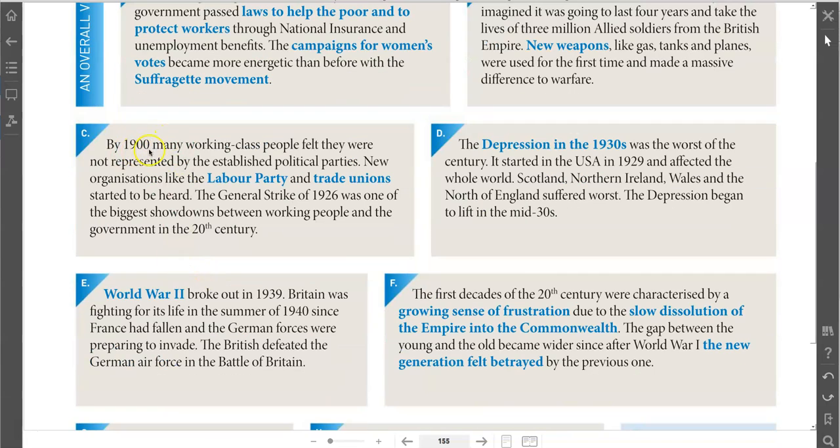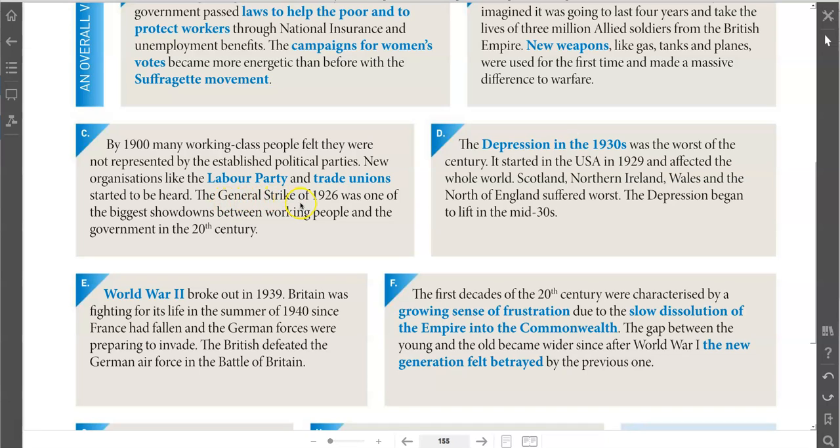By 1900, many working class people felt they were not represented by the established political parties. New organizations were founded, like the Labour Party, the trade unions, and they started to be heard by the government.